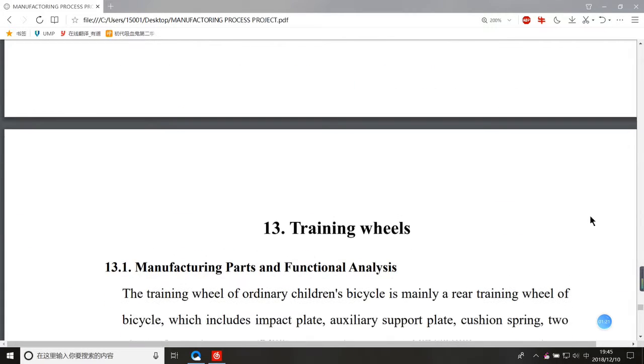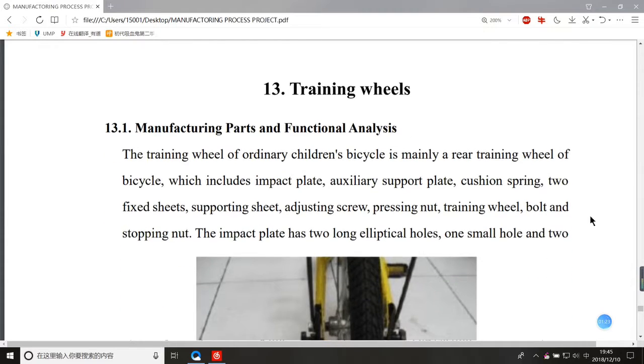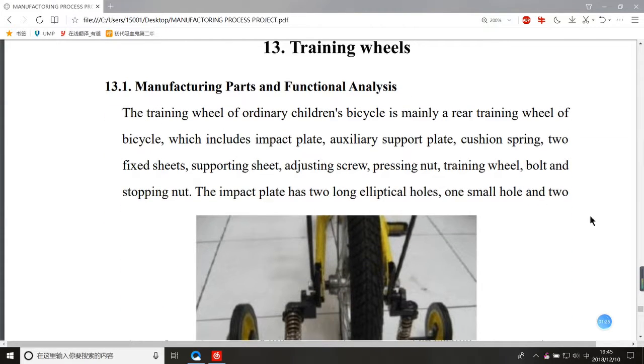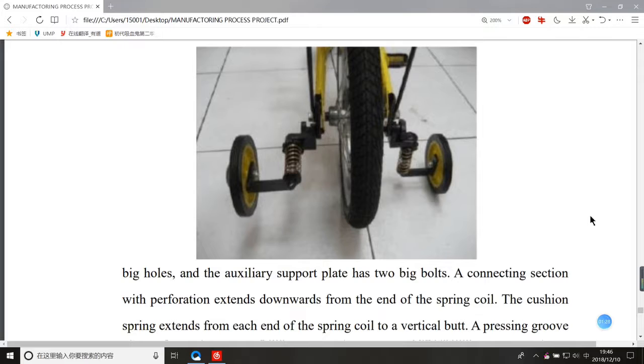Okay then, I will talk about the training wheels. From the picture, we can know it contains many parts, and its function of keeping balance can ensure the safety of the user and prolong the bicycle life.